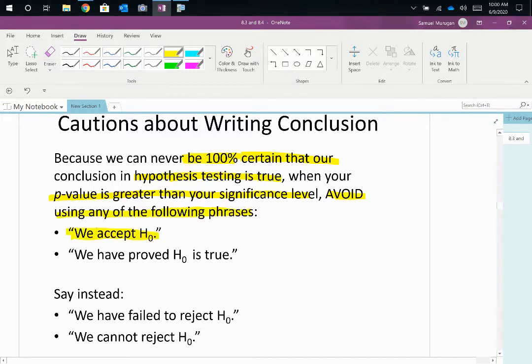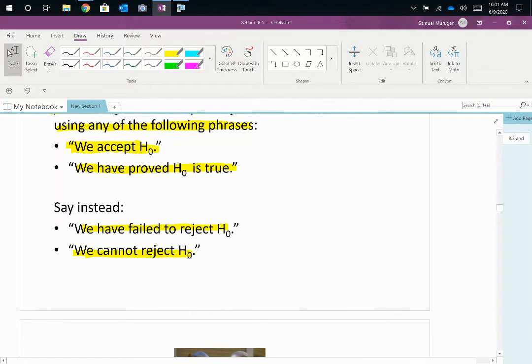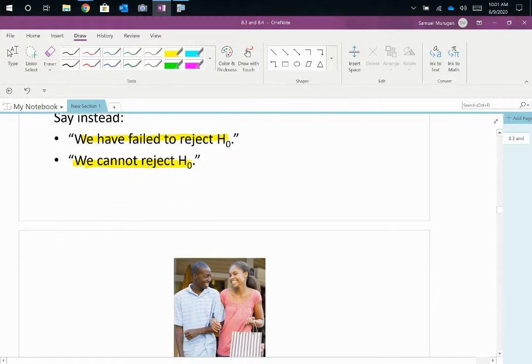We accept the null hypothesis. Don't say that. We have proved the null hypothesis is true. Don't say that. Okay? Instead, say we have failed to reject the null hypothesis, or we cannot reject the null hypothesis, because you've not proven that it's true. You're just failing to reject it or rejecting it.